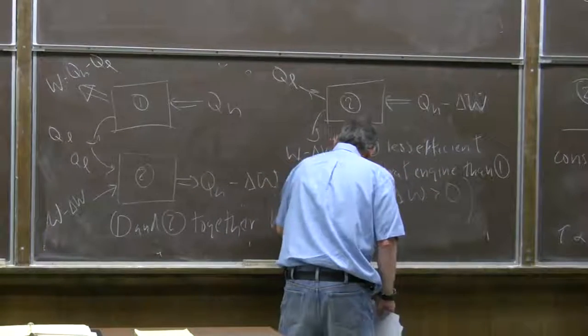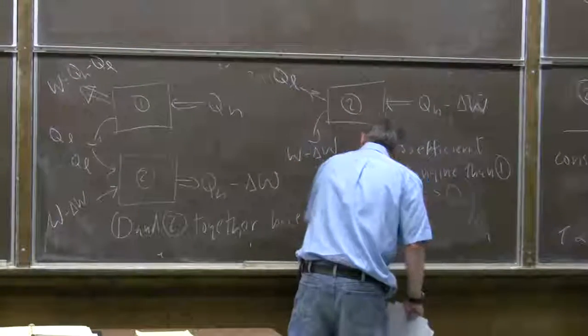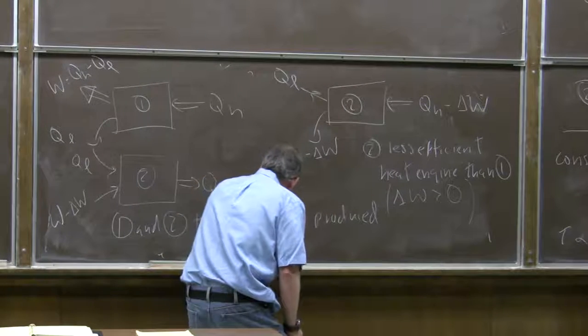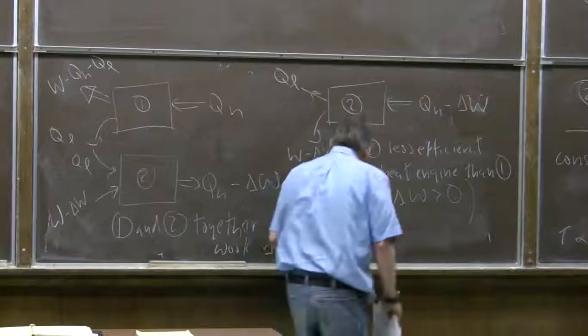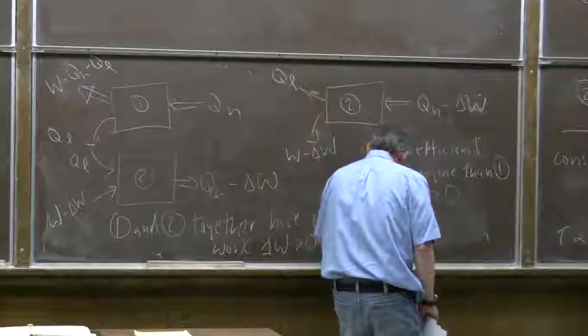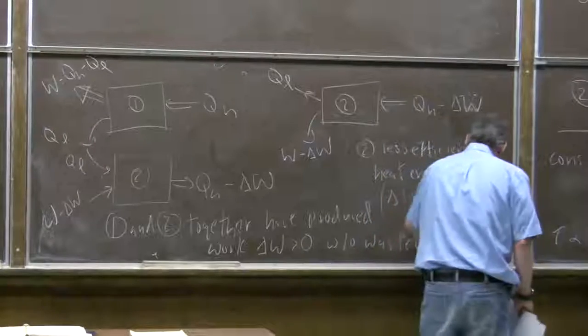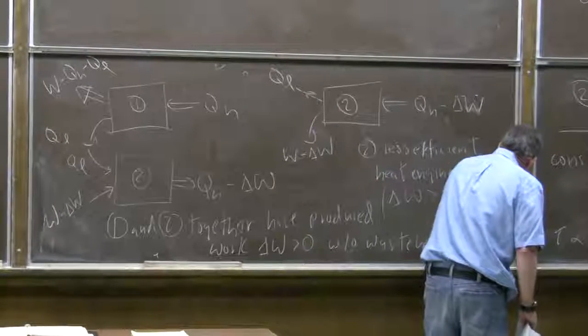So we have produced positive work delta W greater than 0 without waste heat. But that violates the second law.